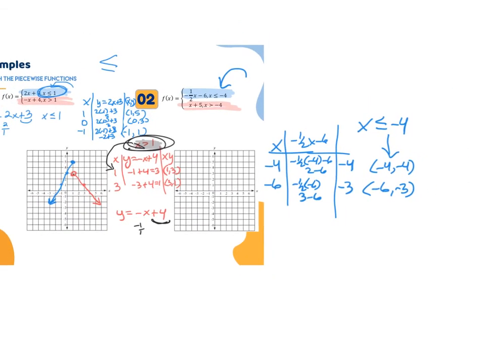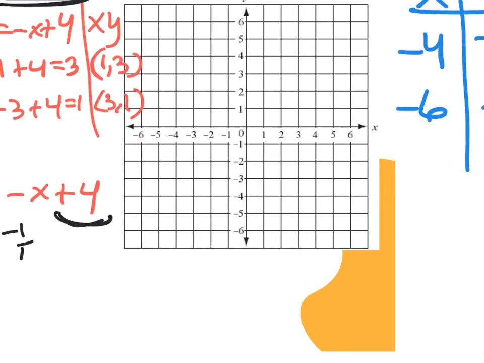So let me come over here to the graph. At -4, -4, put my first point. And then I'm going to graph -6, -3. And then I'll point it off in this direction towards numbers that are less than -4.